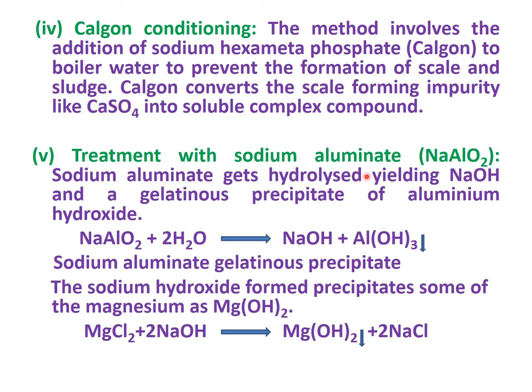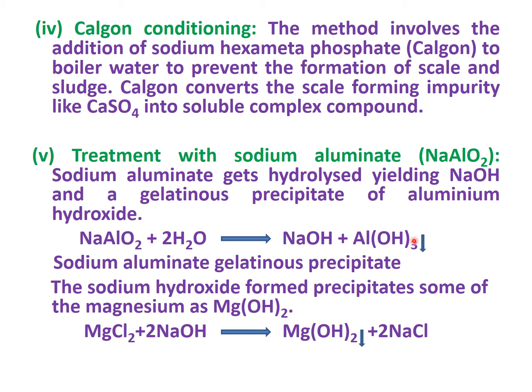Treatment with sodium aluminate. Sodium aluminate, if we see the chemical formula, is NaAlO2, and it gets hydrolyzed, yielding the corresponding NaOH and a gelatinous precipitate of aluminium hydroxide.